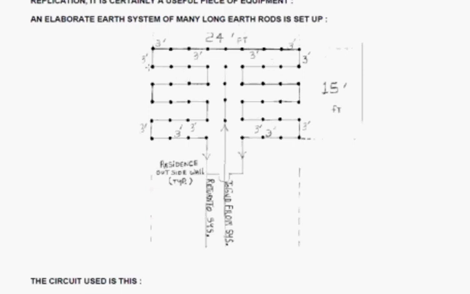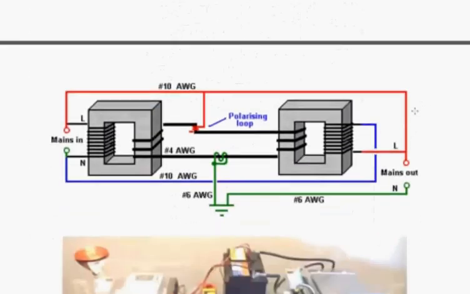They're 3 feet apart, and there are a lot of them. The one central strip here is one side, and all the rest are connected together on the other side. And it takes a piece of ground 15 feet by 24 feet to put all those particular rods in.